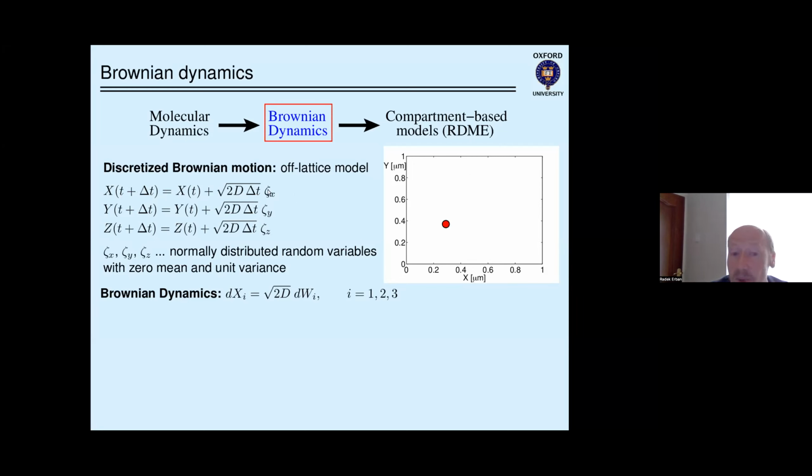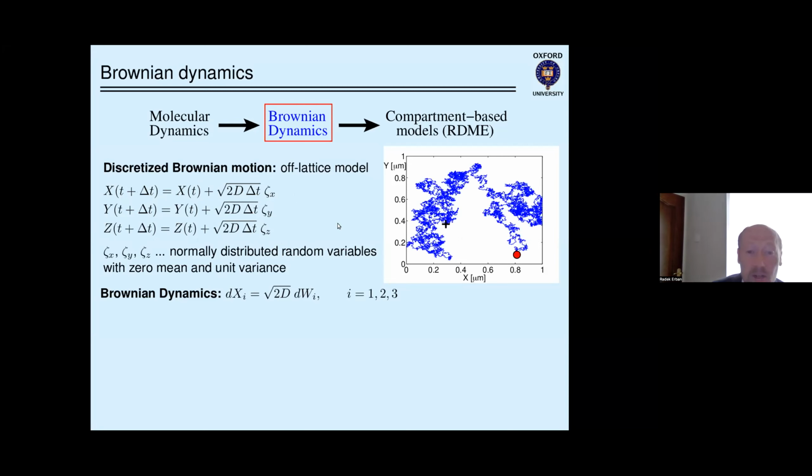I can calculate it by adding a random, normally distributed displacement to it, which is scaled with the diffusion constant and with the time step of the simulation. If I use such an evolution rule multiple times, I get effectively the textbook picture of Brownian motion, which is shown here, and for which I showed some videos in my tutorial.